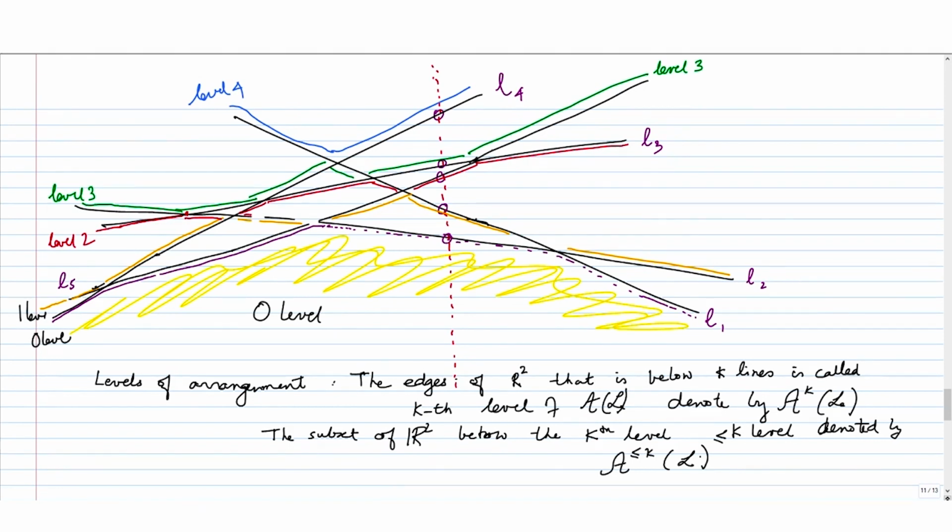So, this takes care of all edges and all vertices, right. So, the arrangement takes care of the levels, basically the union of all levels defines A of L.